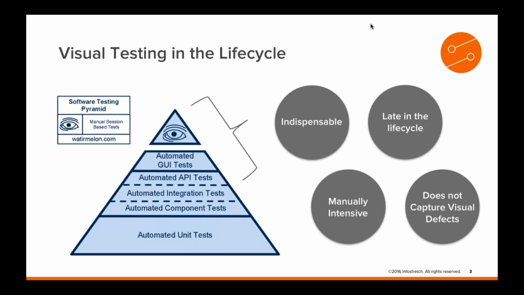Then on the top, we have this automated GUI tests and manual tests or visual tests, right? The point here is that as we really work with a lot of customers, what we see in reality is that, in practice, this pyramid ends up being more like a cylinder.